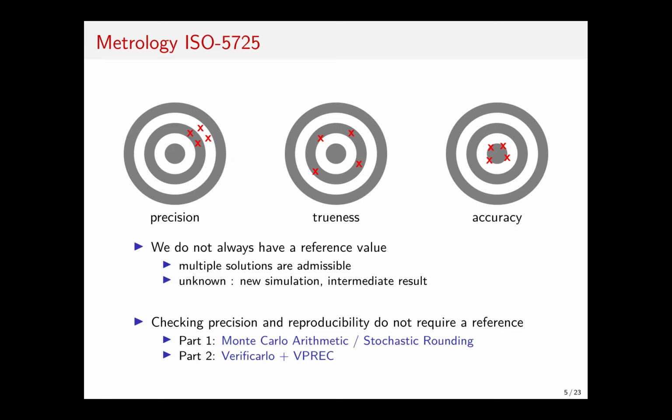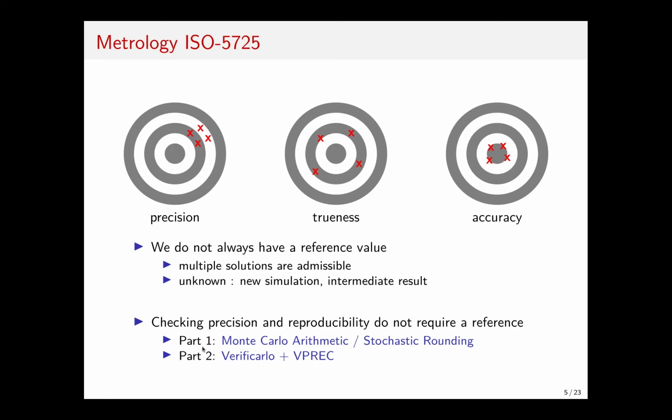Maybe we want to check one particular routine or function in the middle of a big computation, and we don't have an exact or a measured value for it. And how can we proceed in that case? Well, my point in this presentation is that checking precision and reproducibility do not always require a reference.